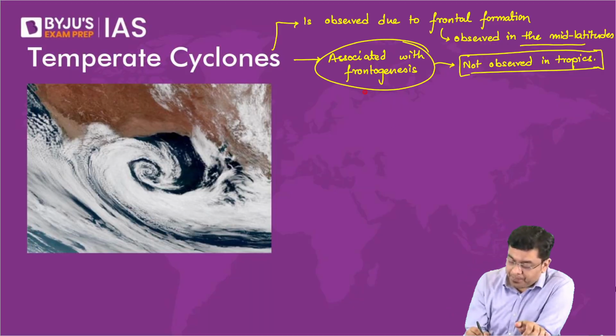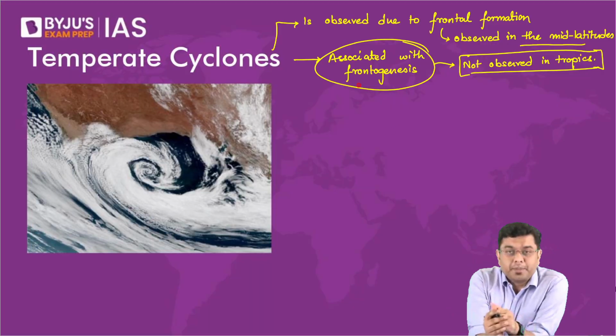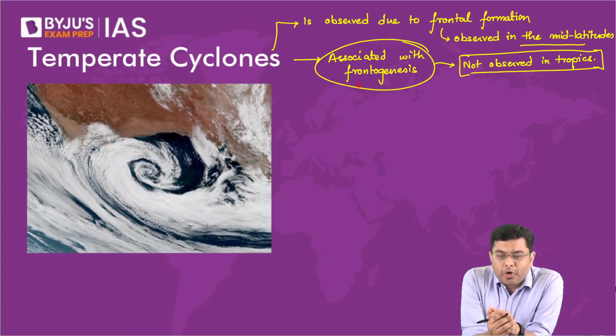Now, in which season do you think there is a greater difference in temperature between the cold and the warm air, or the polar and the tropical air? There will be a greater difference in temperature in which season, summer or winter?